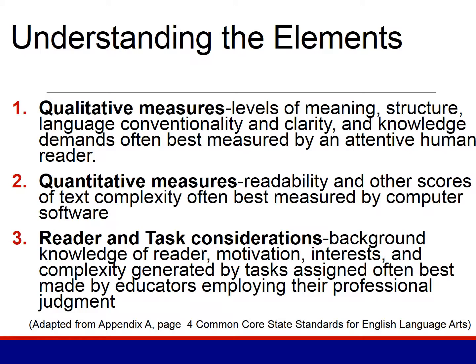Reader and task considerations take into account the background or prior knowledge of the reader, as well as factors such as reader's motivation, interest, and task given. The third and final component is measured by the teacher by using his or her professional judgment.